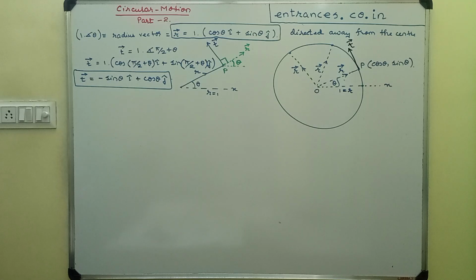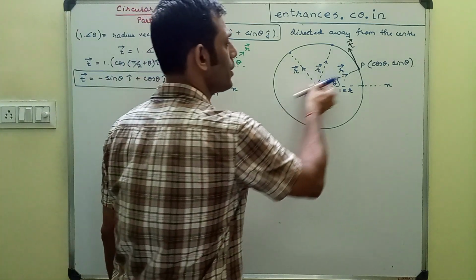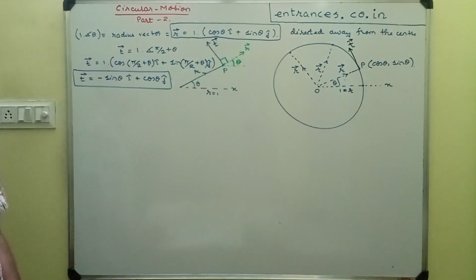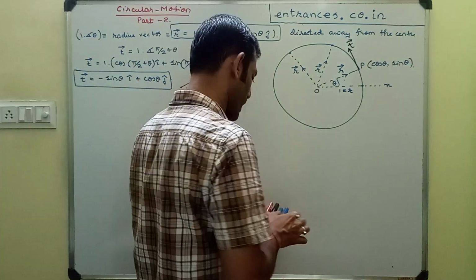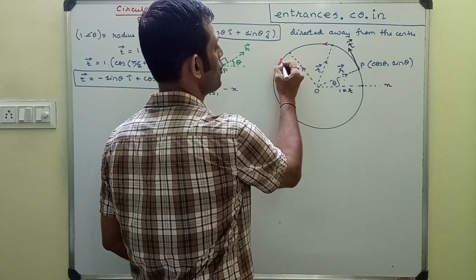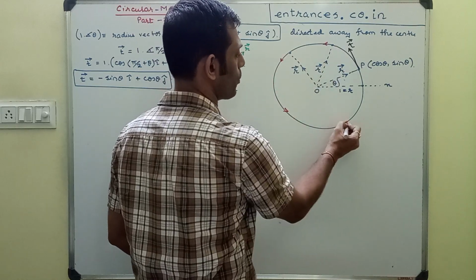Now here we have two things: a radius vector defined radially outward and a tangent vector defined along the tangent. And the tangent is directed in the direction of the circular motion.